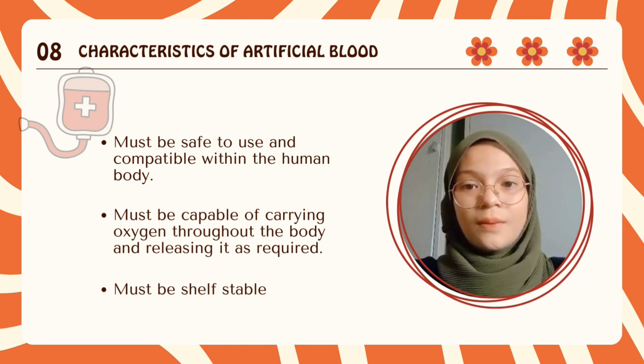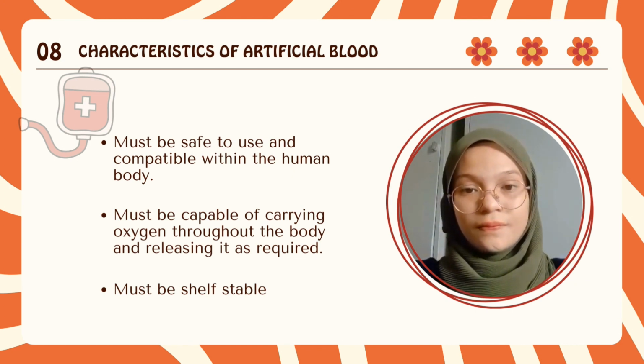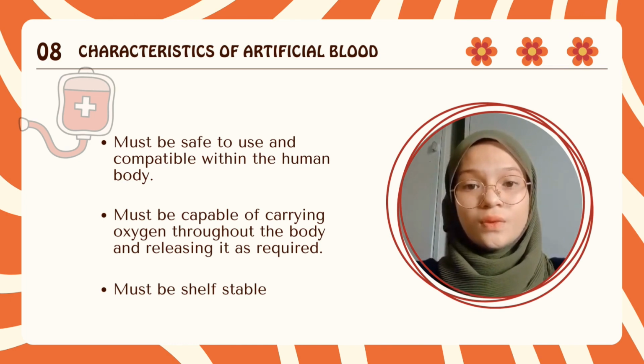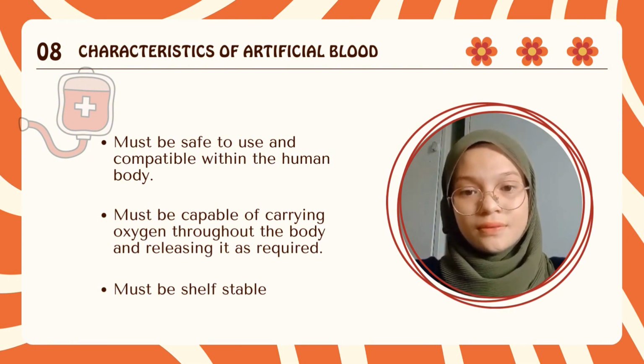And lastly, it must be shelf-stable. Artificial blood can be made to store for a longer period of time than natural blood, which has a limited shelf life. This feature is especially helpful in emergency scenarios or places where access to fresh blood supplies is restricted.